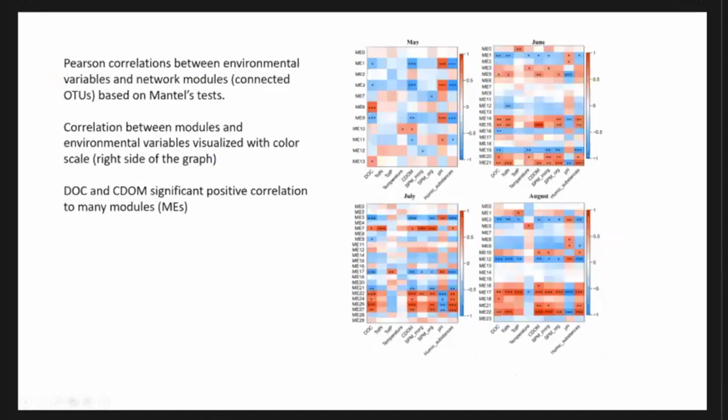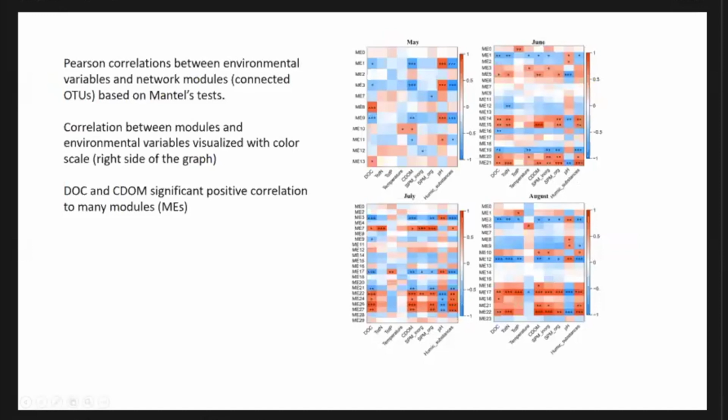And for the modules, the clustered bacteria, when we did the Pearson correlation to, for example, terrestrial factors, we see that many modules have a positive relation to terrestrial compounds.